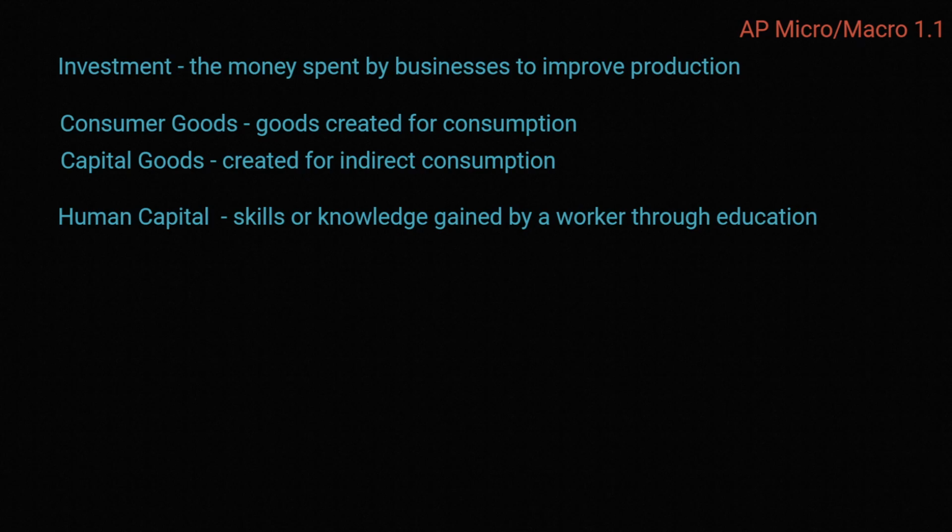If I'm a food shop owner and I send all of my workers to a 15-minute course on how to properly cook pizzas, they have learned a new skill and how to cook pizzas properly. Maybe there's some special way that we do here, and they've gained human capital.